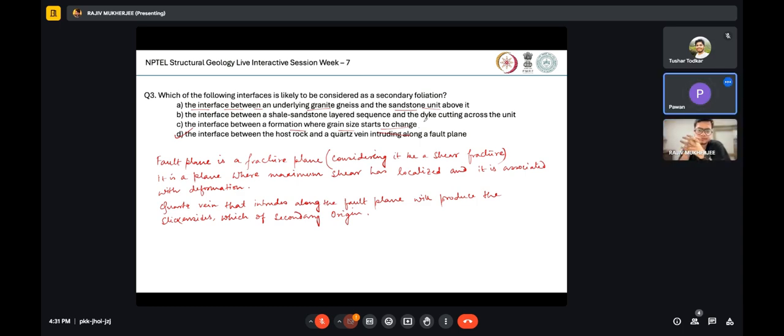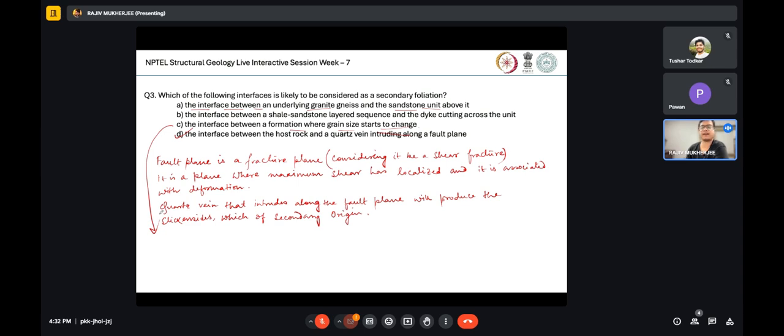In mylonites, where an interface is there, the grain size reduces. If I consider it to be simply a sedimentary origin, mylonitization is an option. Yes, it can happen when we are observing in a shear zone. So that can be the shear interface.